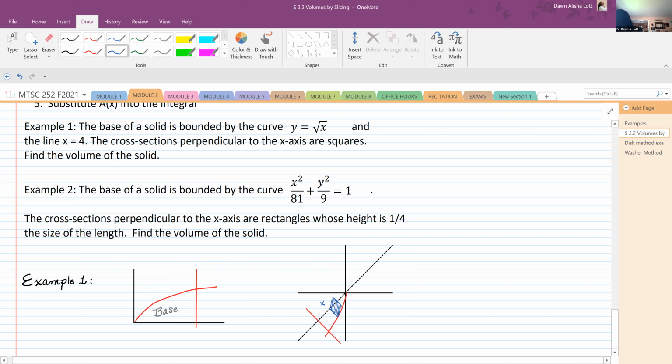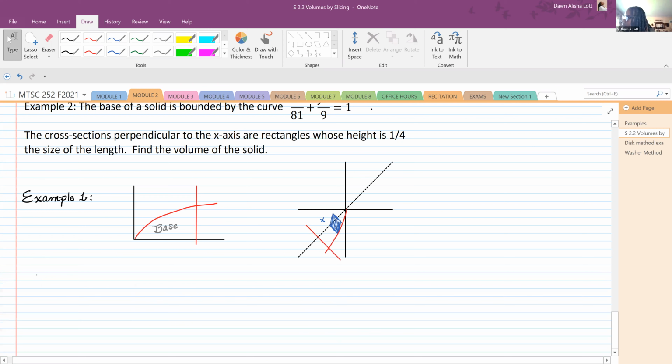So the areas of my cross sections are squares sticking up. All right. So we said that the integral for volume by slicing is the integral from a to b. I need to know what my area is, because I am adding up, that's the integral, all of these different areas. Okay, so the areas are these squares.